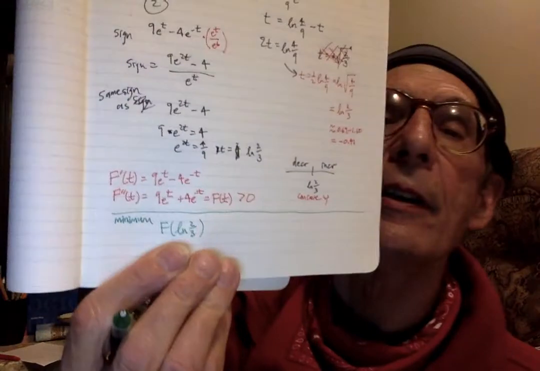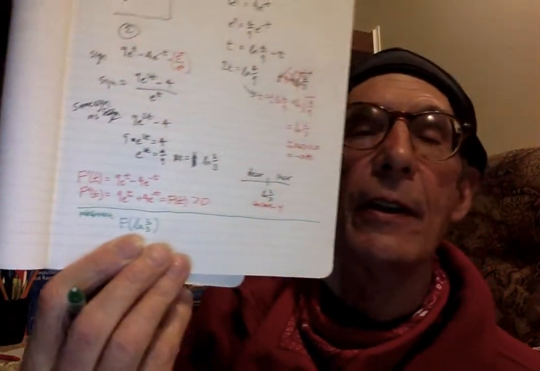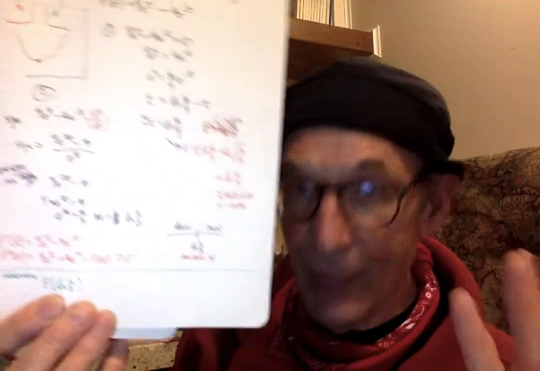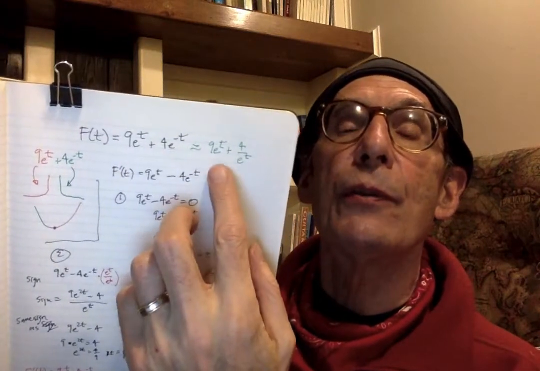And so anyway, let us find the exact minimum. And what we have to do then is find f of the natural log of 2/3. Now, does that seem weird or what? Anyway, it's not that bad because f is full of exponentials, and I'm going to use this form.